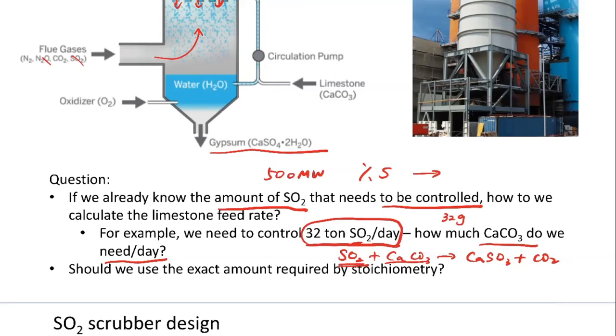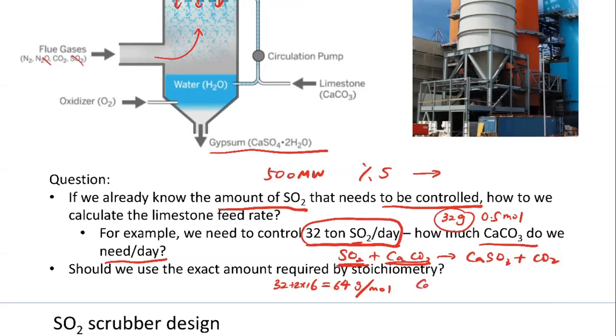So we know that the molecular weight of sulfur dioxide is 64, right? It's just 32 plus 2 multiplied by 16, that's 64 grams per mole. If we have 32 grams of sulfur dioxide, that's 0.5 mole of sulfur dioxide. And due to the stoichiometry, it can react with 0.5 mole of calcium carbonate, right?